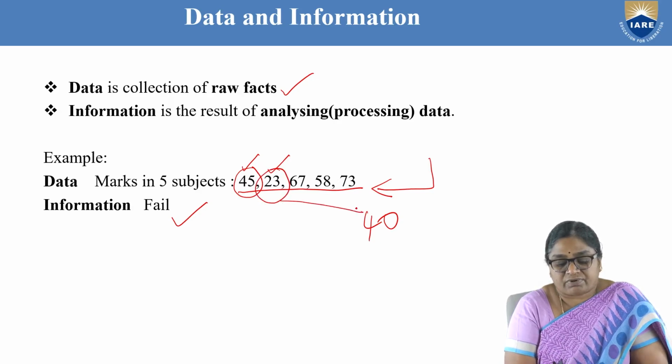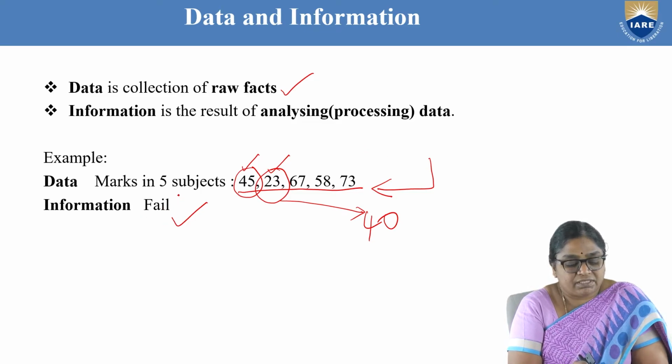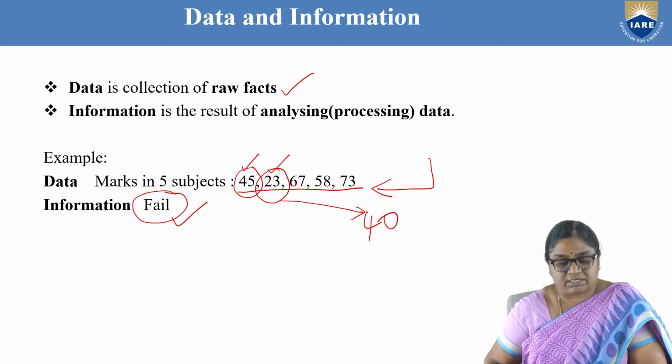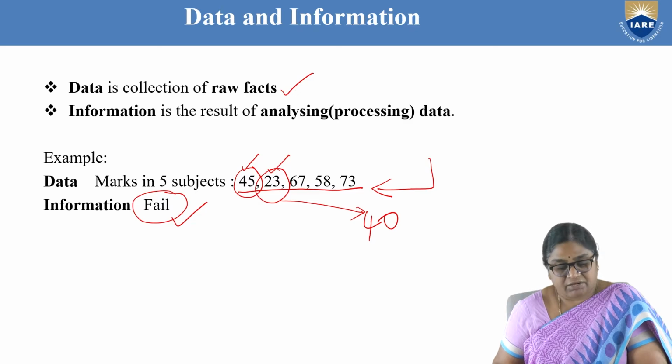It is not satisfying the minimum marks criteria. So the result of the student will be fail. So we are giving this information basing on the data that is available here. So we are processing this data and we are providing the information after analyzing it. So data is nothing but collection of raw facts and information is the result of analyzing or processing data.